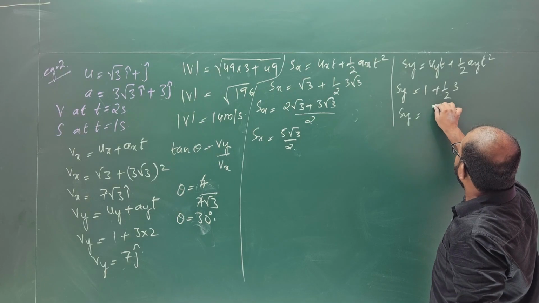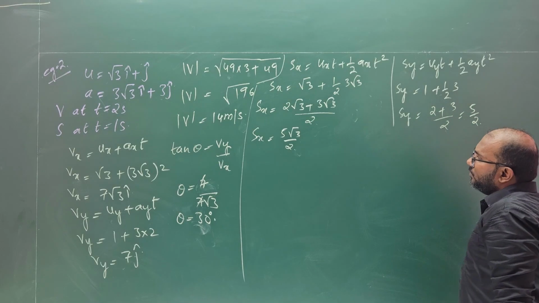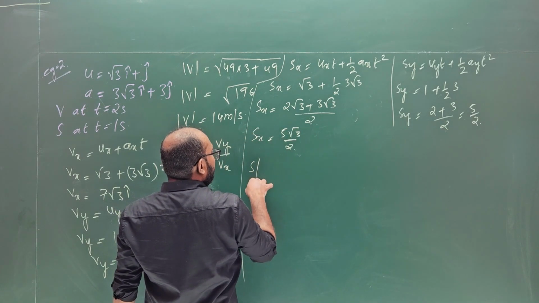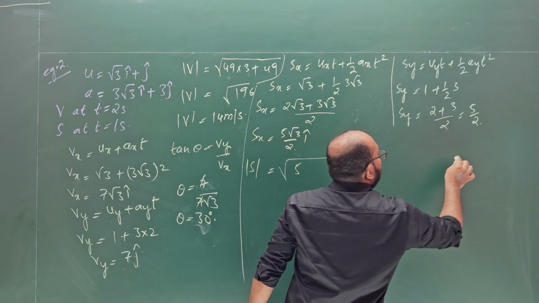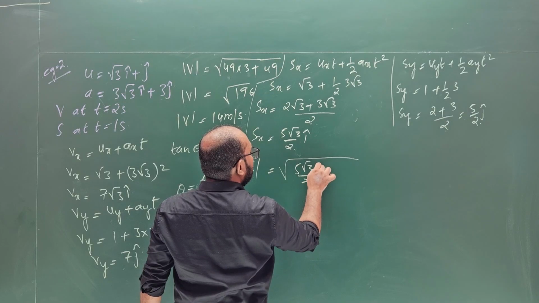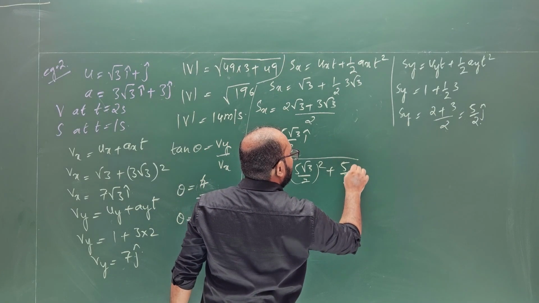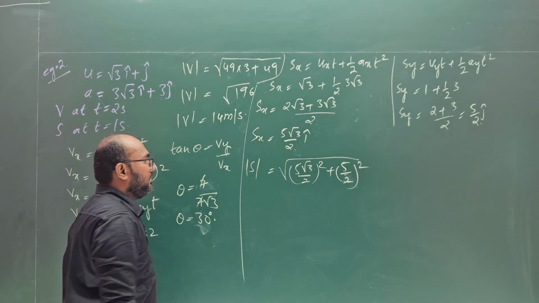So Sy is equals to 2 plus 3 divided by 2, that is nothing but 5 by 2. Substituting in the value, calculate yourself the magnitude, that is under the root of, this is your i cap, this is your j cap. So 5 root 3 by 2 squared plus 5 by 2 squared. Solve this, you will get the answer for displacement.